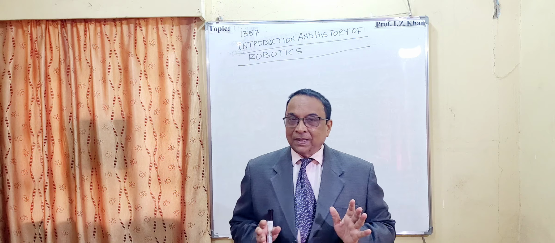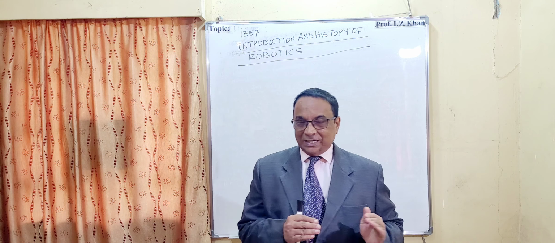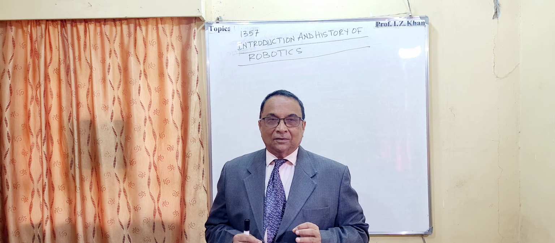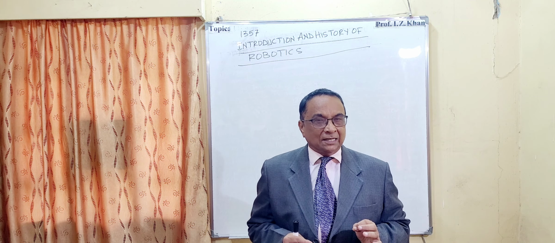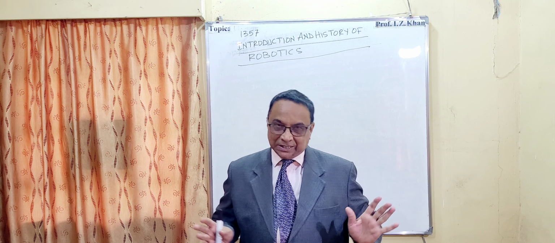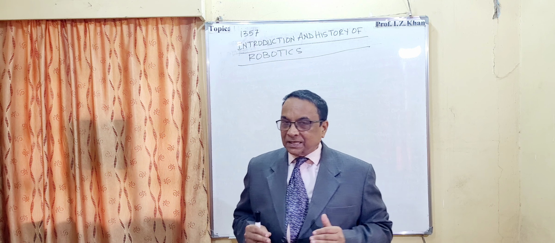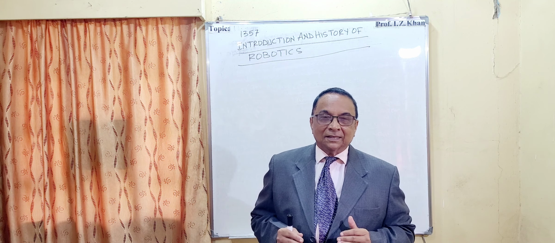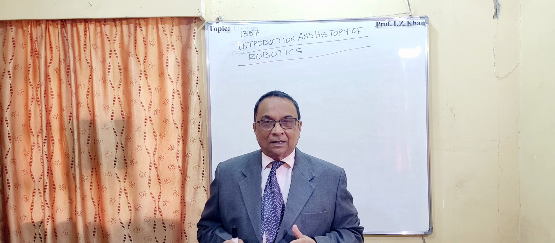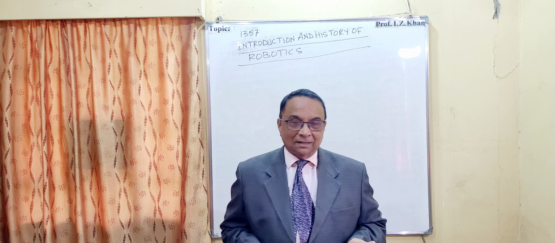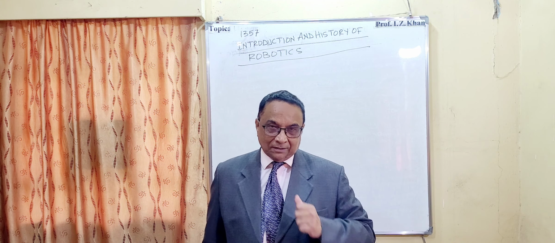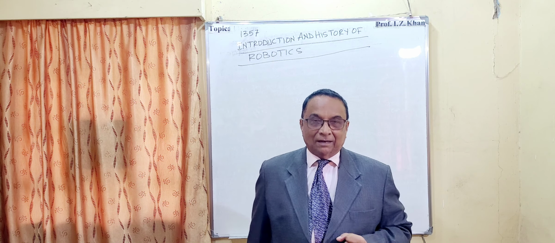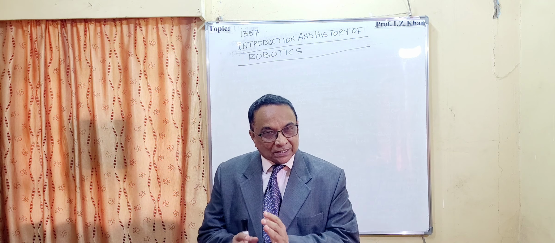So here, let me go back to explain the very meaning of robot. I have already told you, a robot is a physical machine. If I say physical machine, it doesn't mean that anything made of steel, copper or iron is a robot. No. It is any physical machine which has sensors to receive data and to process the data.